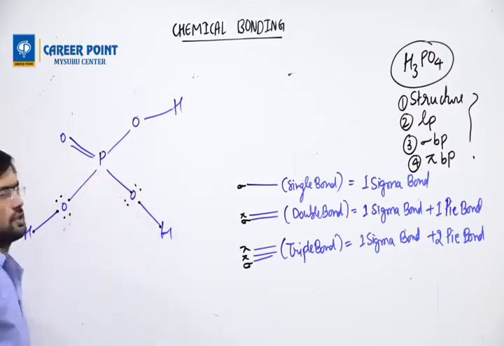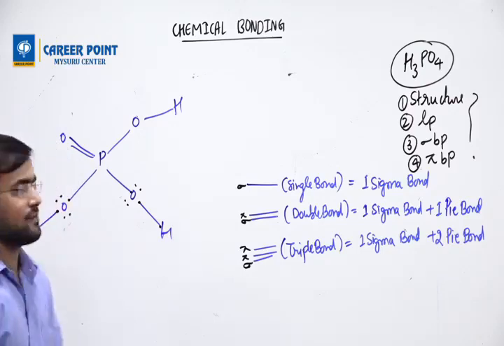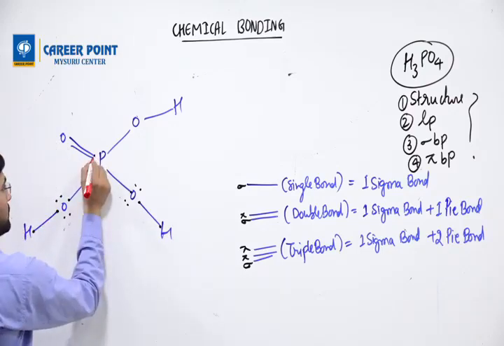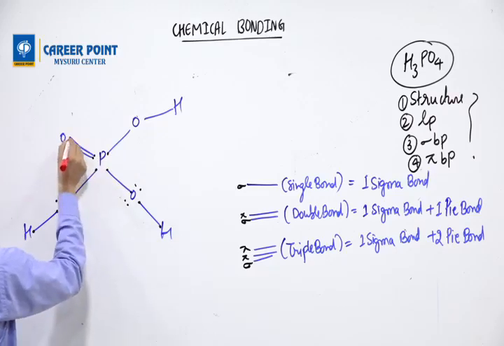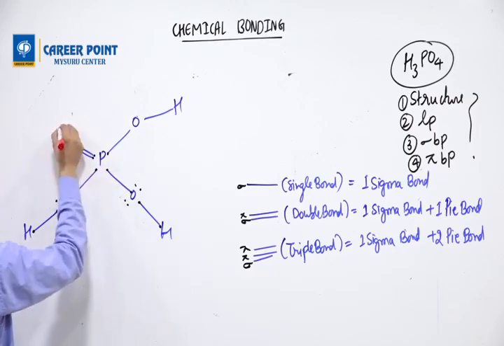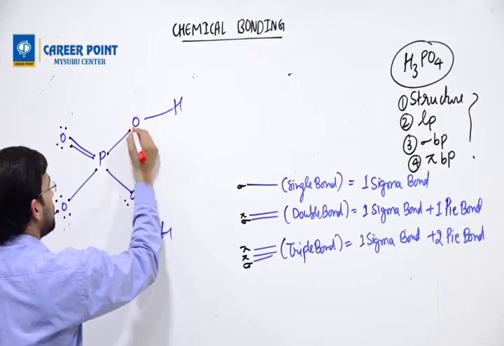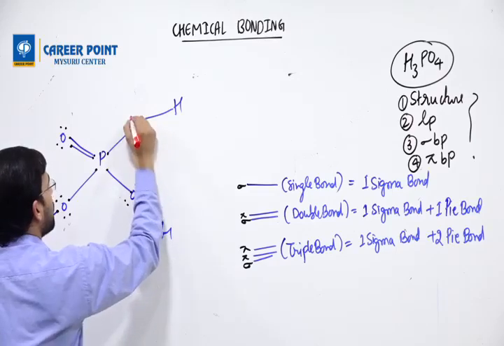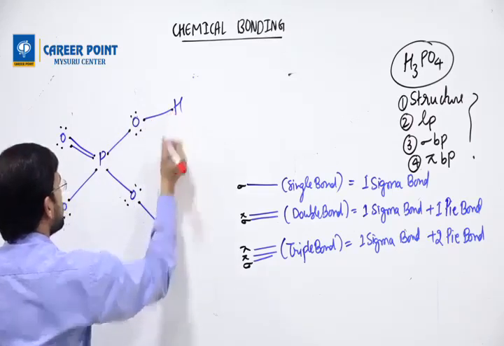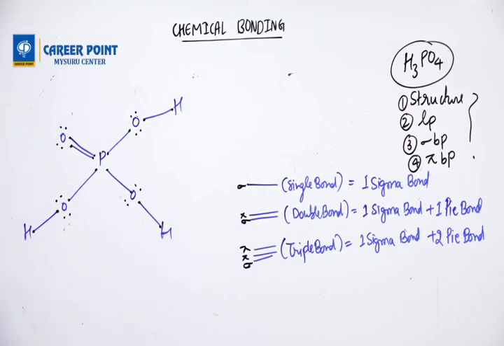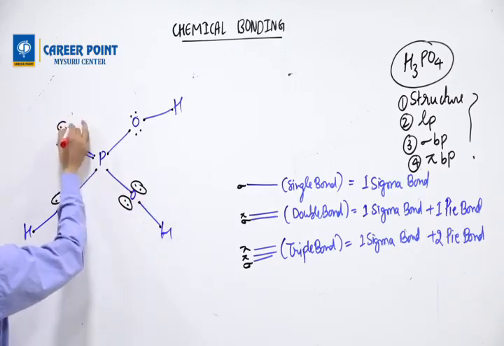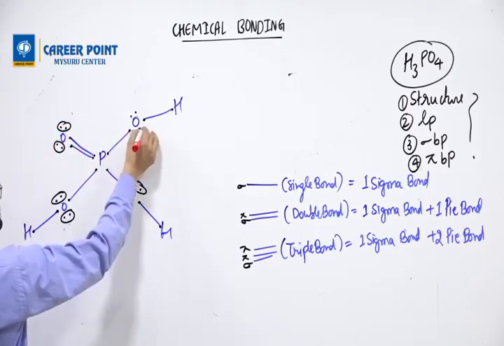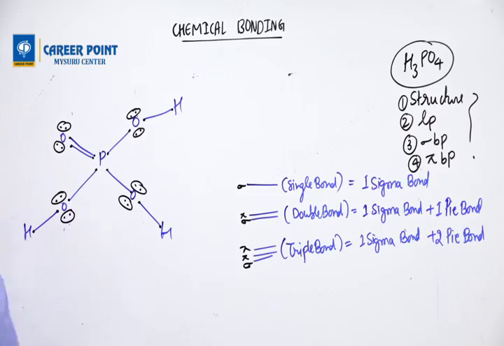Then phosphorus has got 5: 1, 2, 3, 4, 5. Oxygen has got 6. Oxygen got 6. Hydrogen got 1. Then we'll circle them: 1, 2, 3, 4, 5, 6, 7, 8.